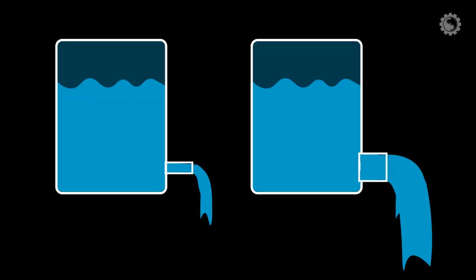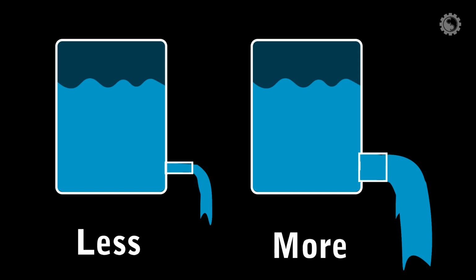For a better understanding, consider 2 containers with some amount of water, where the containers are provided with different breadths of openings. A lesser width releases less water. A larger width releases more water.